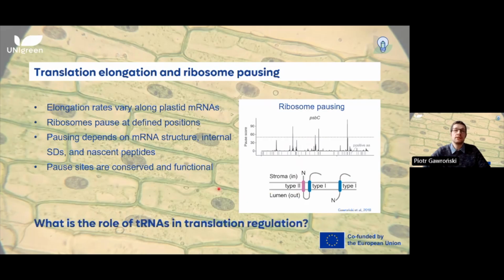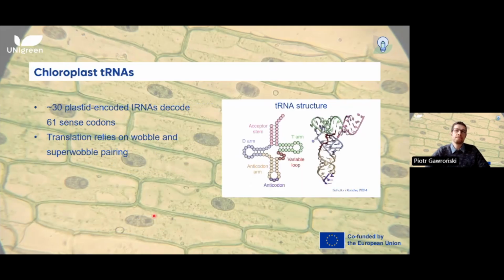Okay, so far I have focused on the ribosome and the mRNA, and the next question is how transfer RNAs, the tRNAs, can contribute to the regulation of translation. Chloroplasts contain a reduced set of about 30 plastid-encoded transfer RNAs.